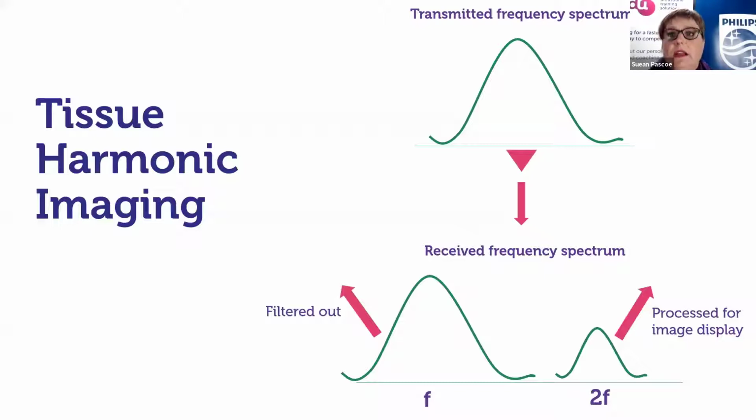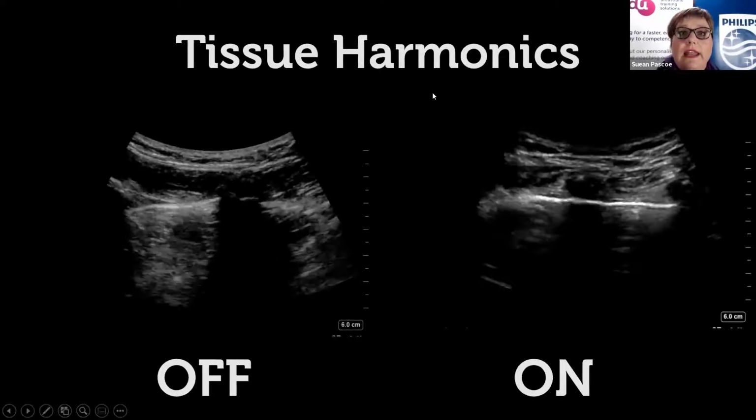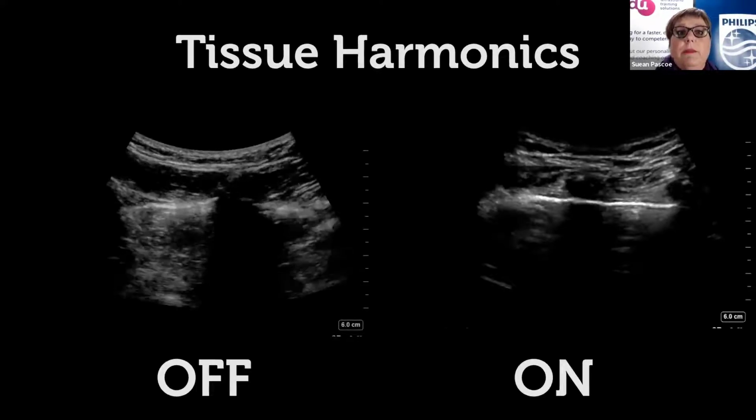So if you send out at 3, you're going to be listening at 6, and all the other frequencies get dropped. So it filters out quite a lot of information, which in other regions is really good, but for lung ultrasound, when we're relying on interpreting the artifacts, we don't want to get rid of them. So here's an example of, on the left, with tissue harmonics off.